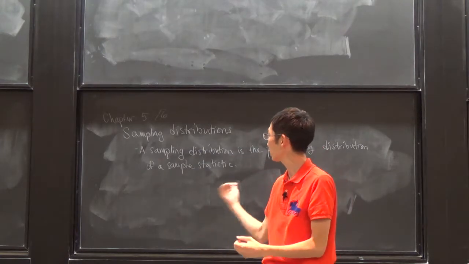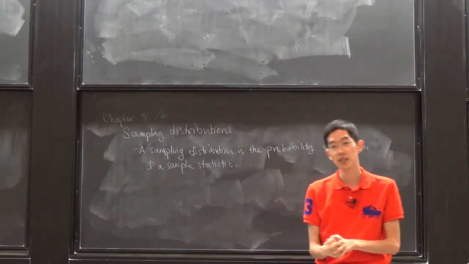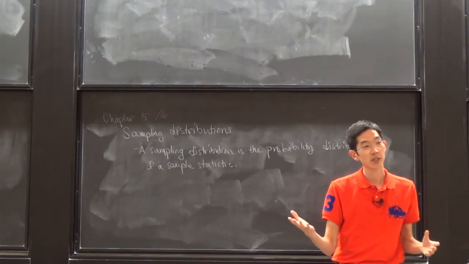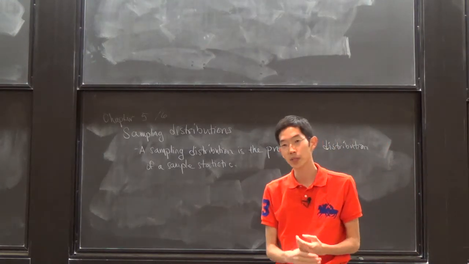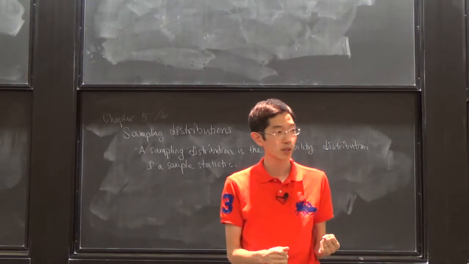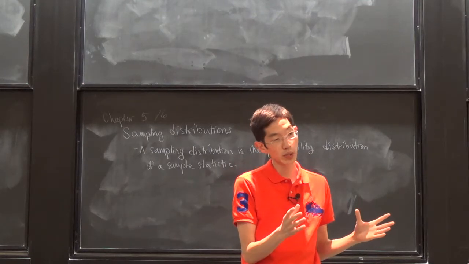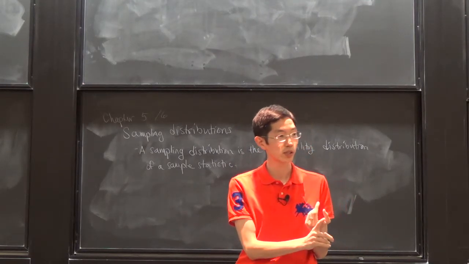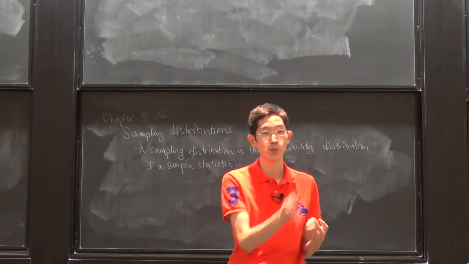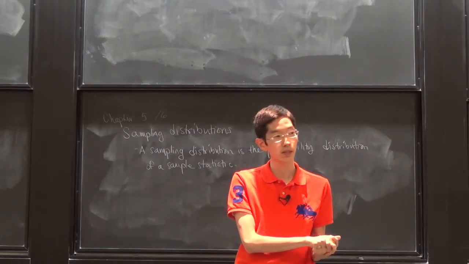What a sampling distribution is, is that you just imagine all the different possible samples that can be taken. Each of those samples would have a different mean. What is the distribution of all those different means?